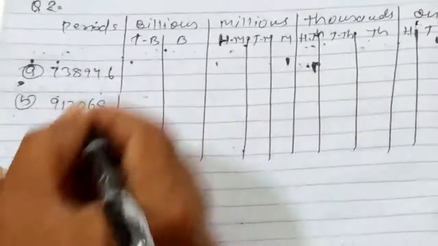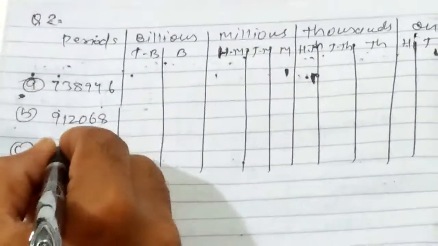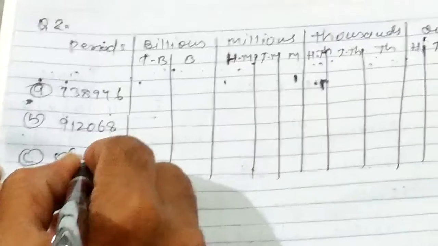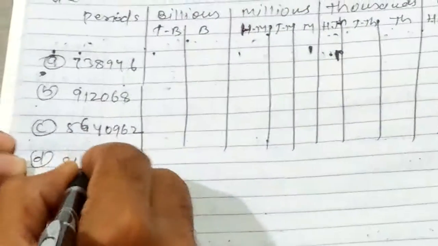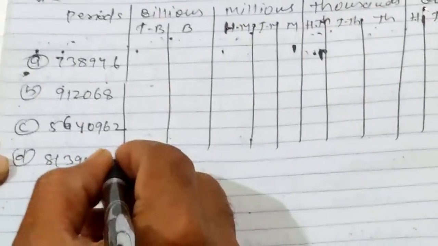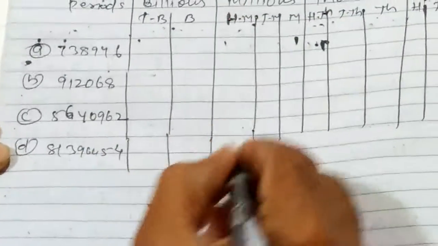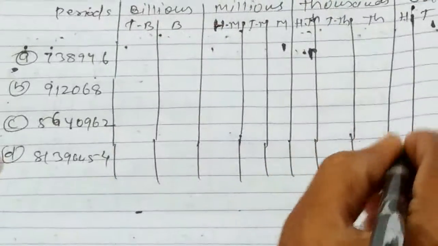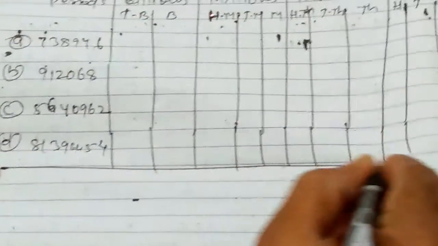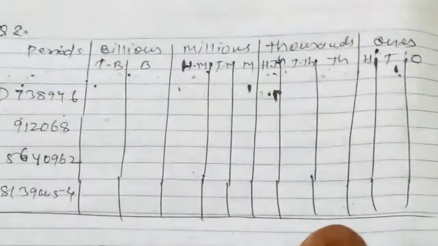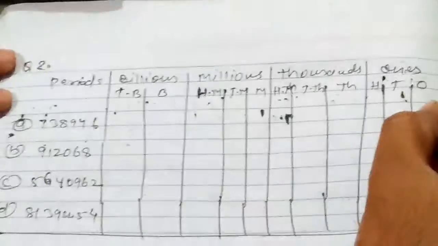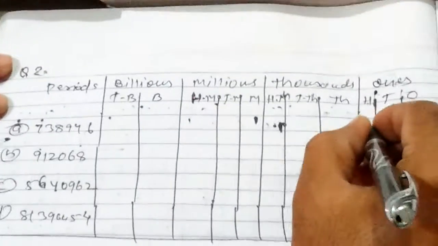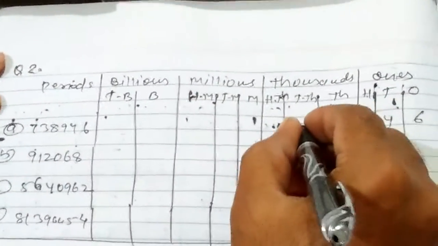A 738946, B number 912068, C number 5640962, and D number 8139645. This international place value chart, and from this side we have to place every digit according to their place. 6 4 9 8 3 7.